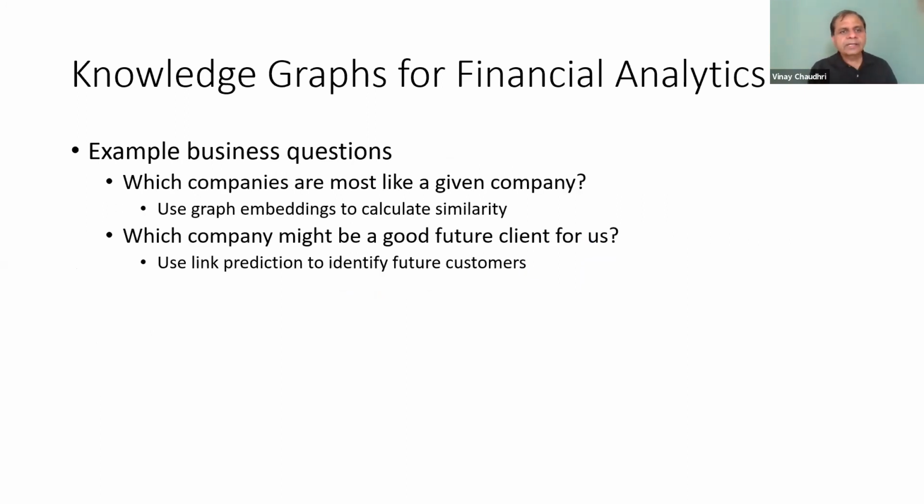All right, then on that list, we also had questions like which companies are most like a given company and which company might be a good future client for us. To answer these questions, people are using algorithms which I have not covered until now.